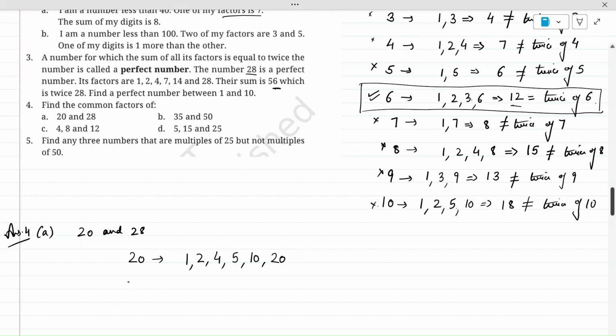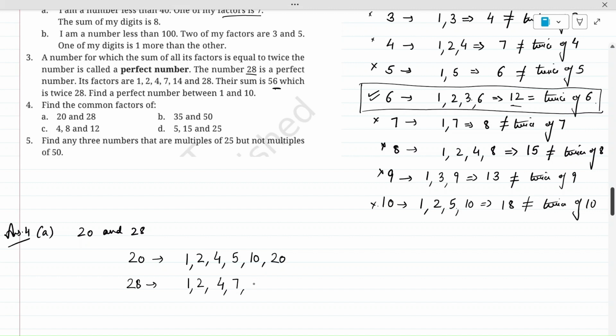Now the next number is 28. So 1 is a factor, 2 is a factor, 3 is not a factor, 4 is a factor, 5 is not a factor, 6 is also not a factor, 7 is a factor, 8 is not a factor, 9 is also not a factor, 10 is also not a factor of this, 11 is also not, 12 is also not.